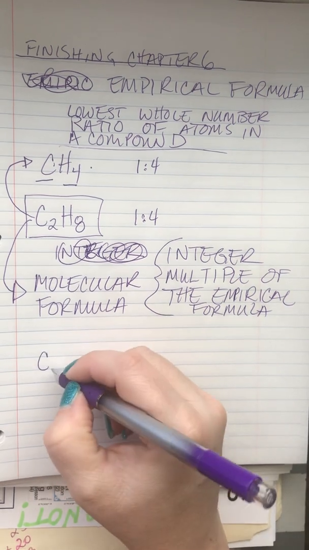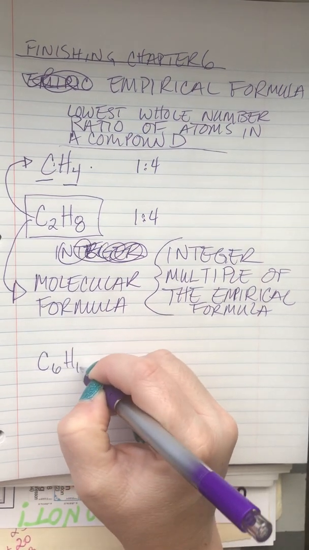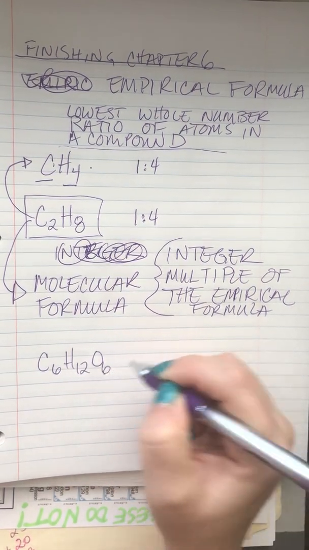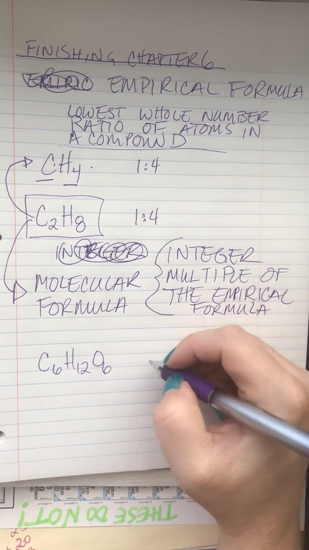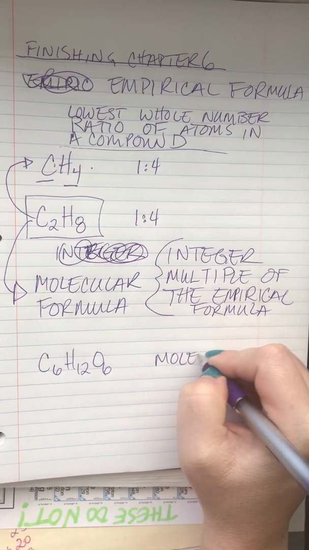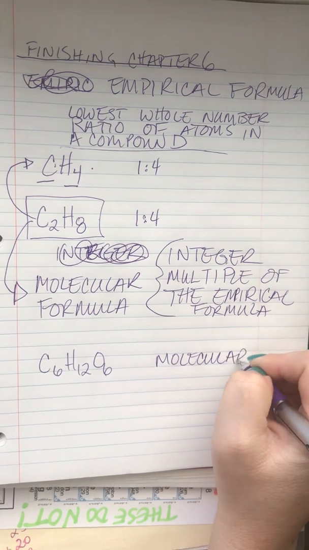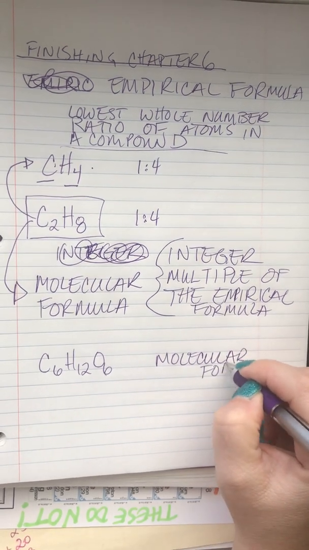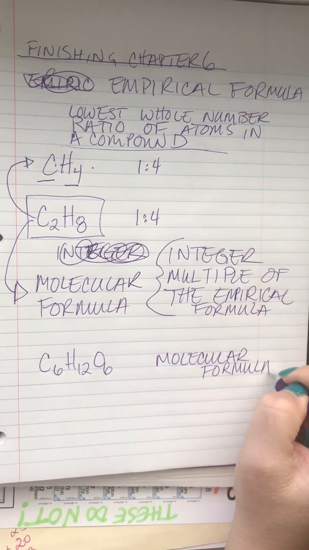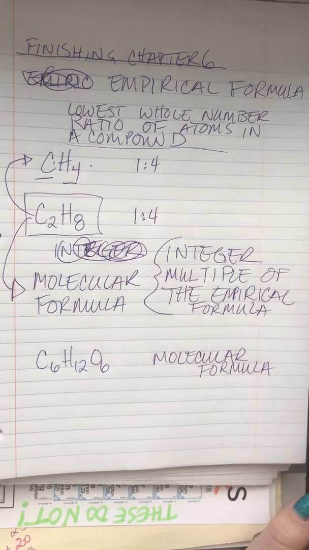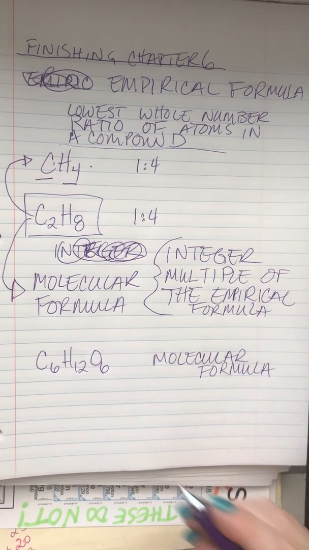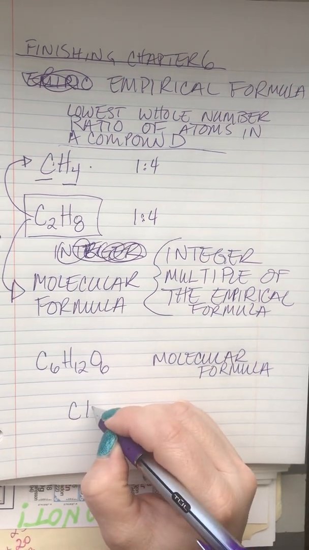So if we have our good friend glucose, this is the molecular formula. I hope you guys will all agree. So what would the empirical formula be in this case? C1H6O1?